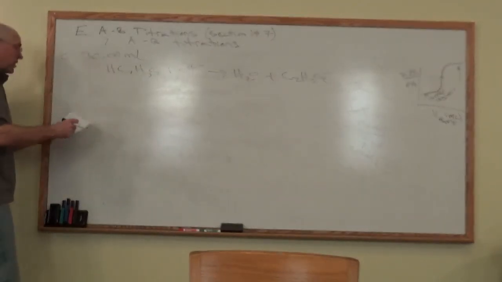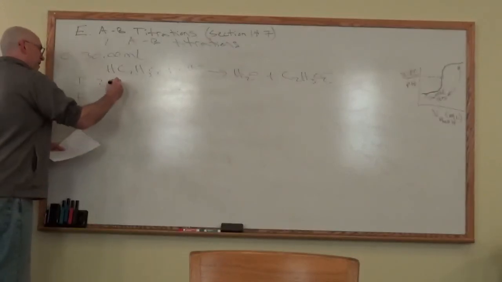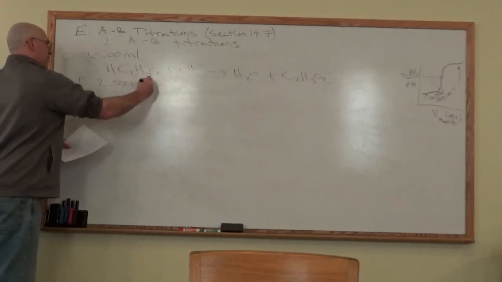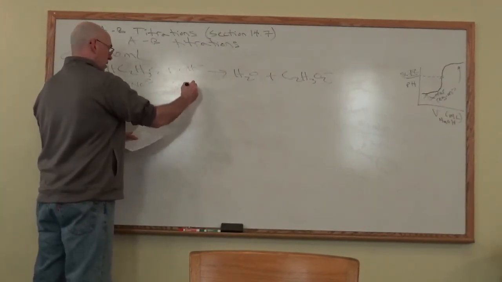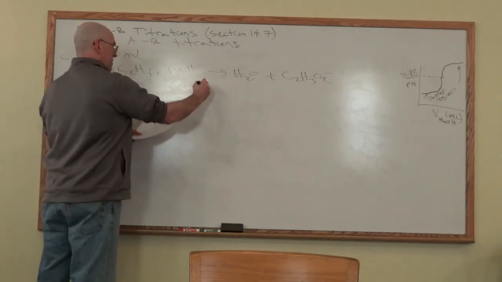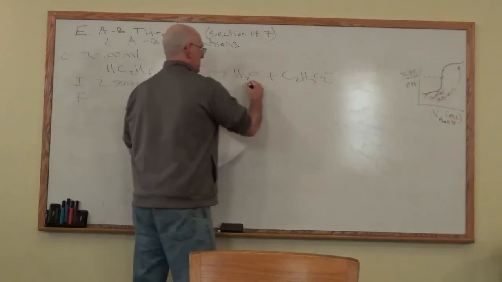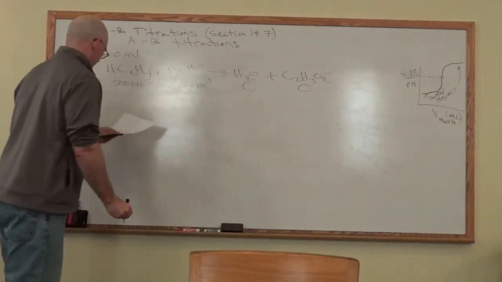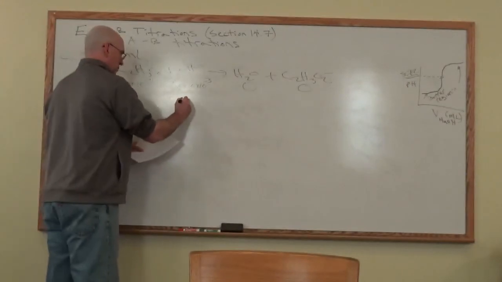So it's just chemistry. So we have 2.50 times 10 to the minus third moles there. Now we've got 3.000 times 10 to the minus third moles here, so we've exceeded it. That's gone.